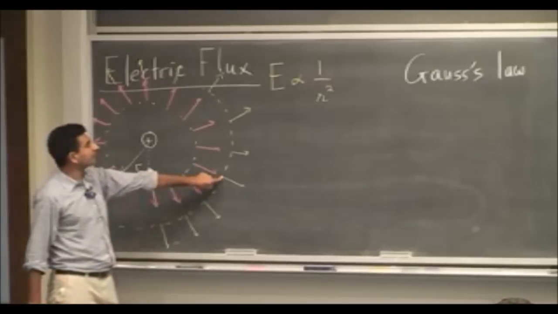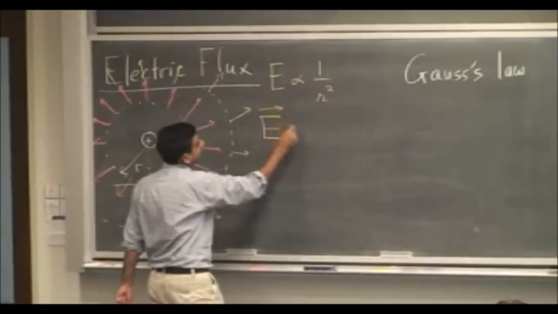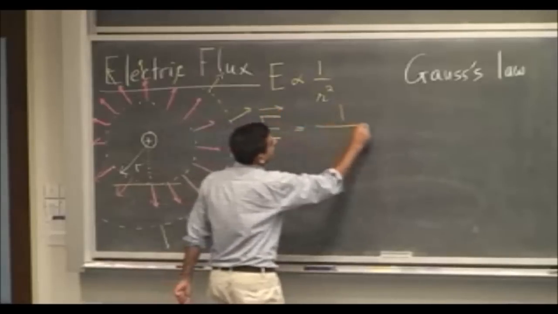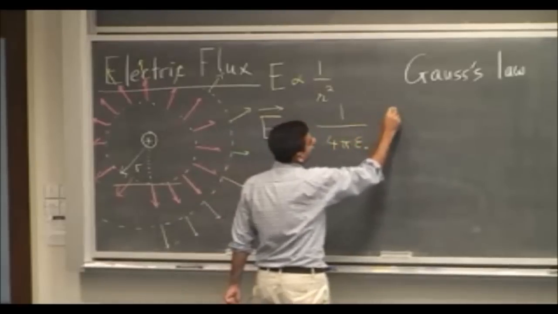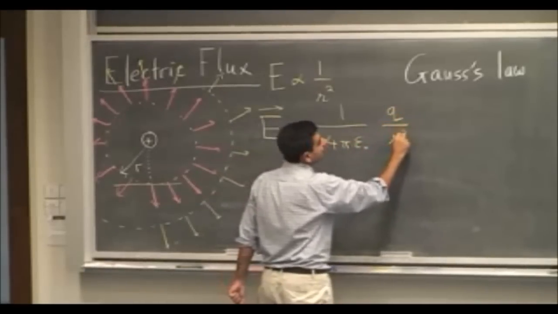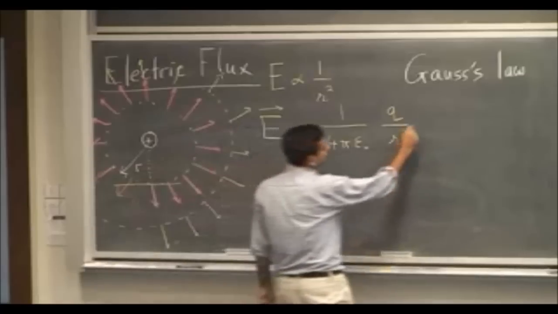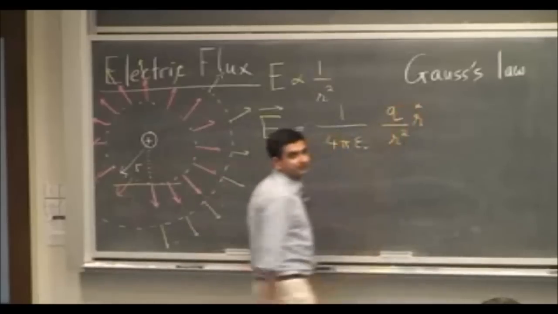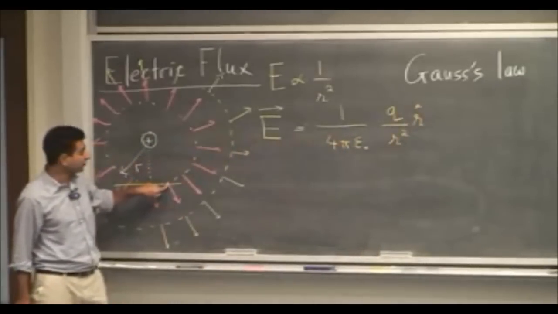At any distance r, I know that the electric field, which is a vector, according to Coulomb's law, is given by 1 over 4 pi epsilon naught q over r squared. I have to specify a direction as well. So let's call this the unit vector r. Now the unit vector r here is pointing in a different direction than the unit vector here.